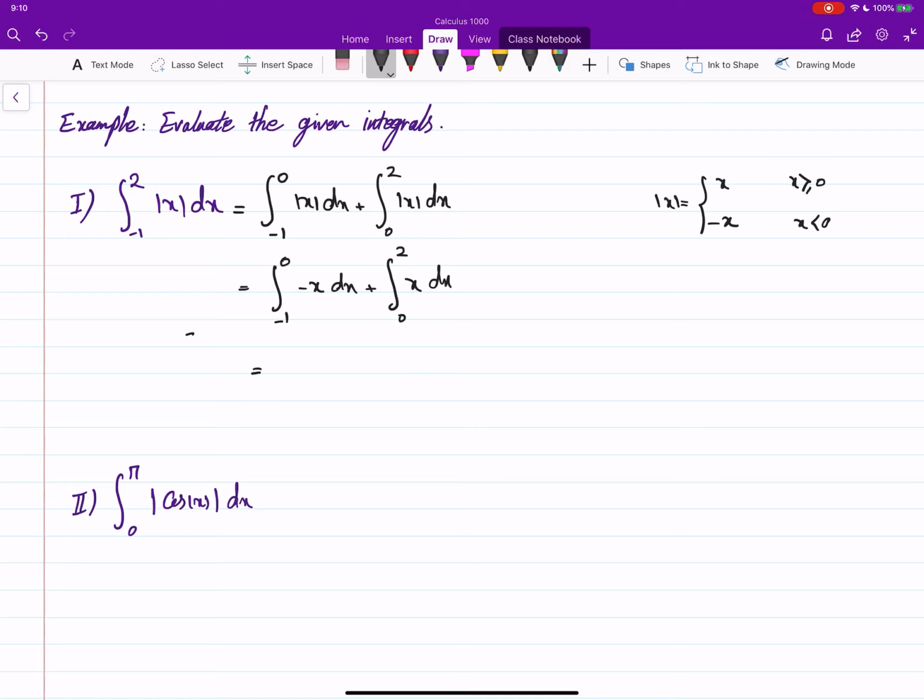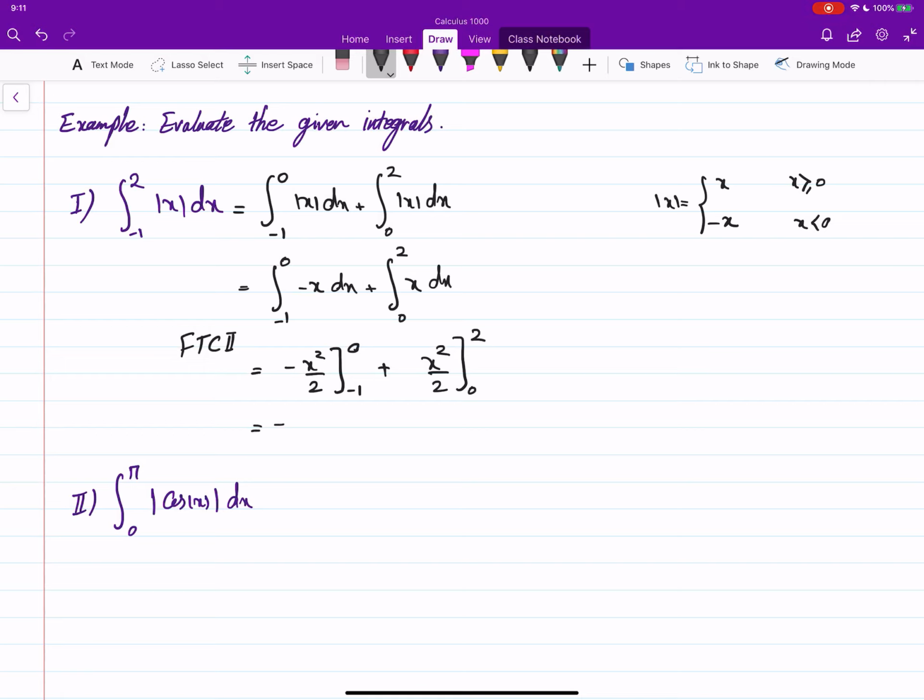Now, use the fundamental theorem of calculus part 2 for each one of these. I know that an antiderivative of negative x is minus x squared over 2, and we go from -1 to 0. Then an antiderivative of x is x squared over 2, and we go from 0 to 2.